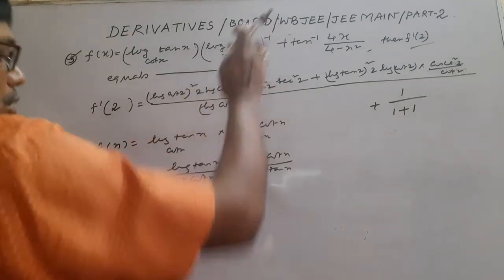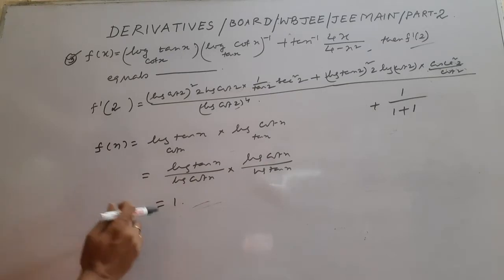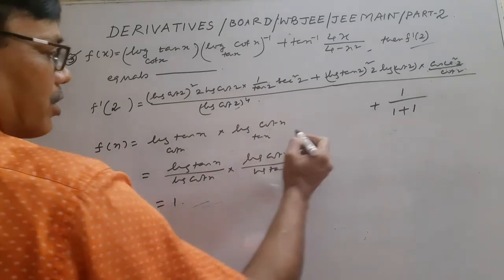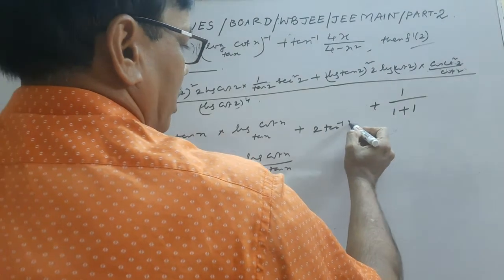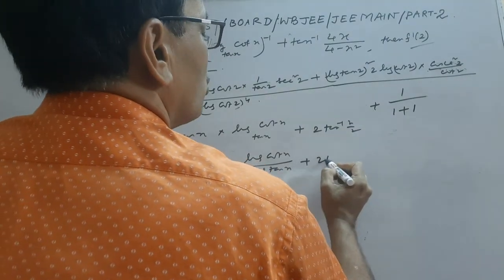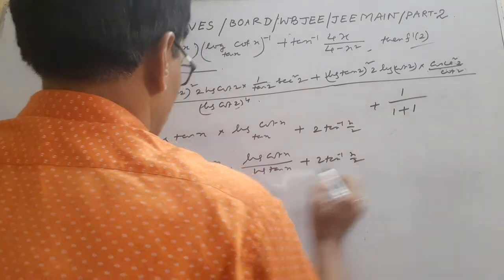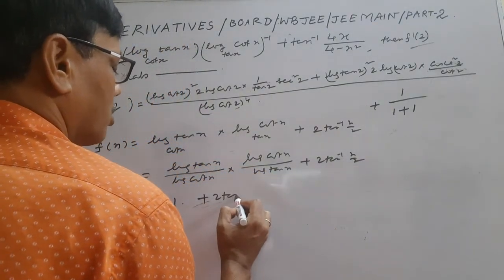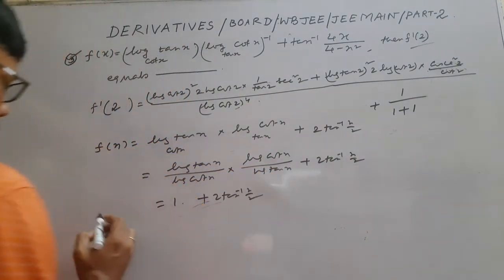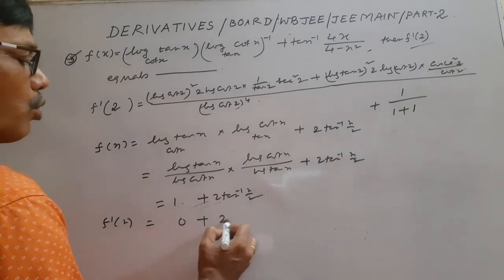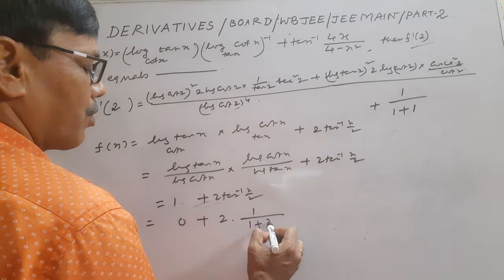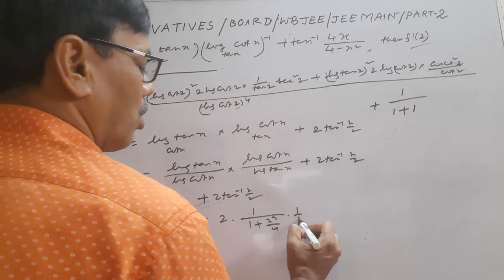So if it is 1, then derivative of it is 0, and second part is 2 tan inverse x by 2. So what is f dash x? 0 plus 2 into 1 plus x square by 4 into half.